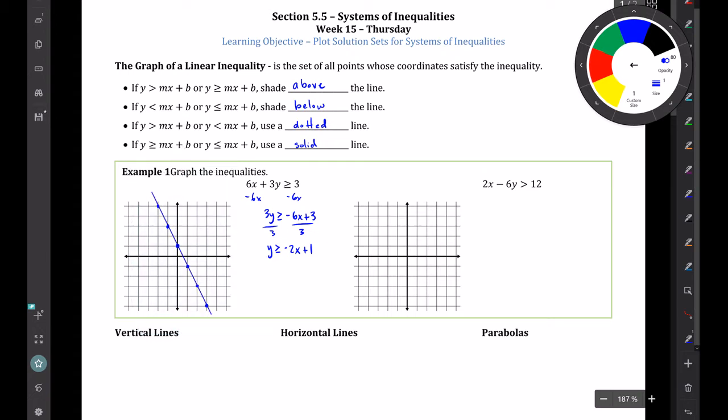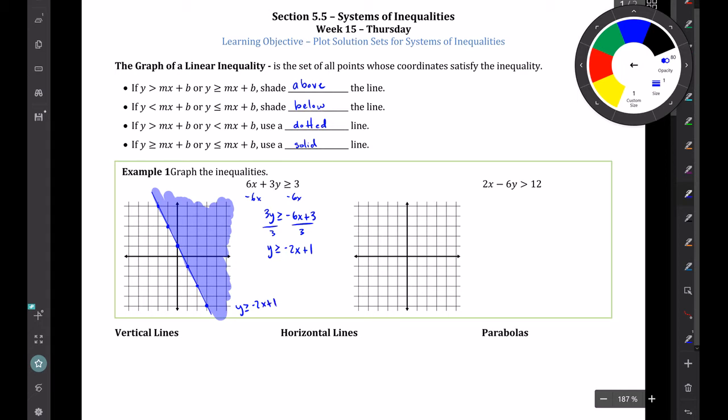And now I want to shade above and to the right. So that would be over here. Okay, so there's the line. This is the set of all points y is greater than or equal to negative 2x plus 1.